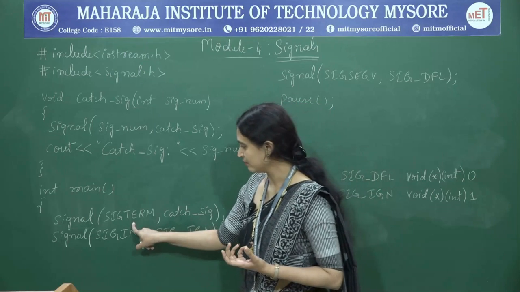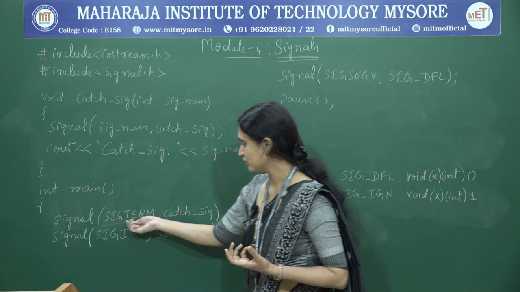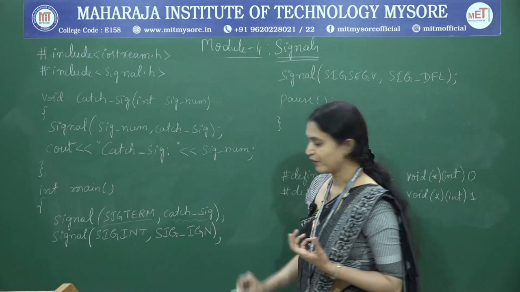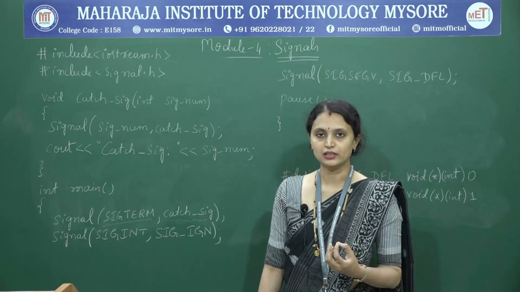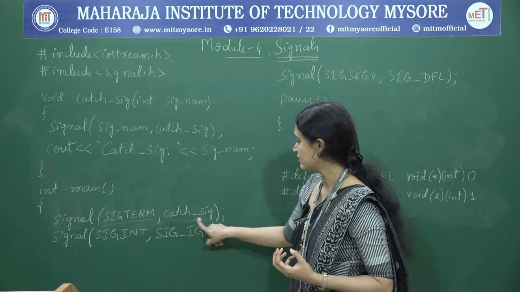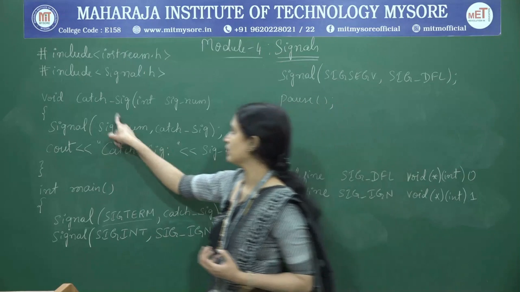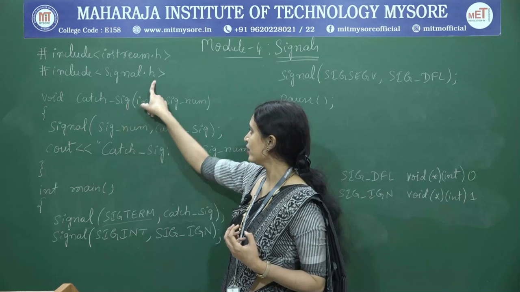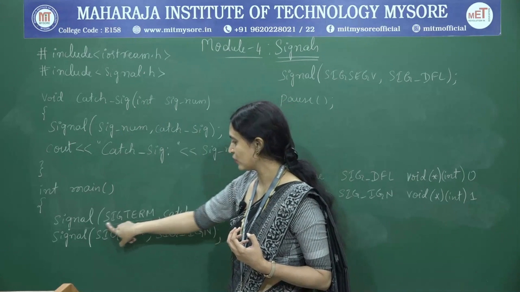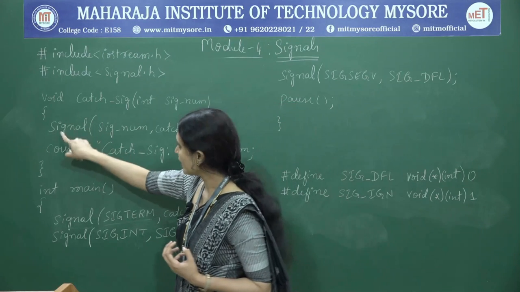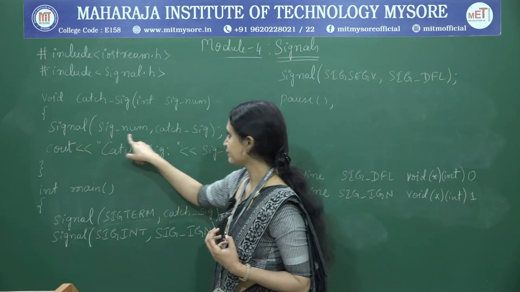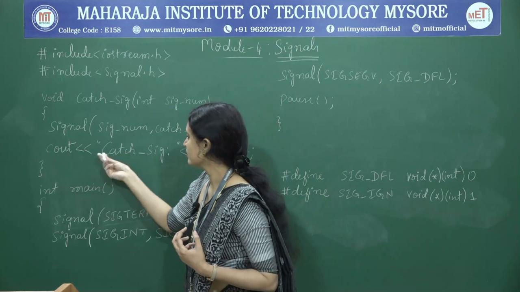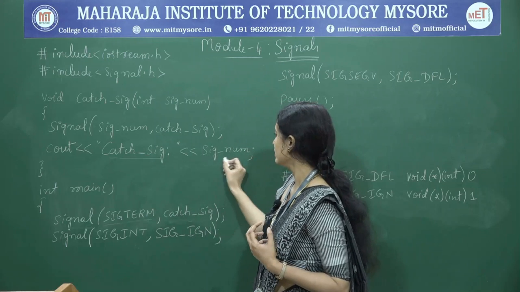Here I am using the termination signal SIGTERM, and the second is the user defined signal handler, catch_sig. The control will come to catch_sig, the user defined signal handler, where I am passing the signal number. Inside that I am calling signal once again to catch that particular signal, and I am printing catch_sig colon the signal number.